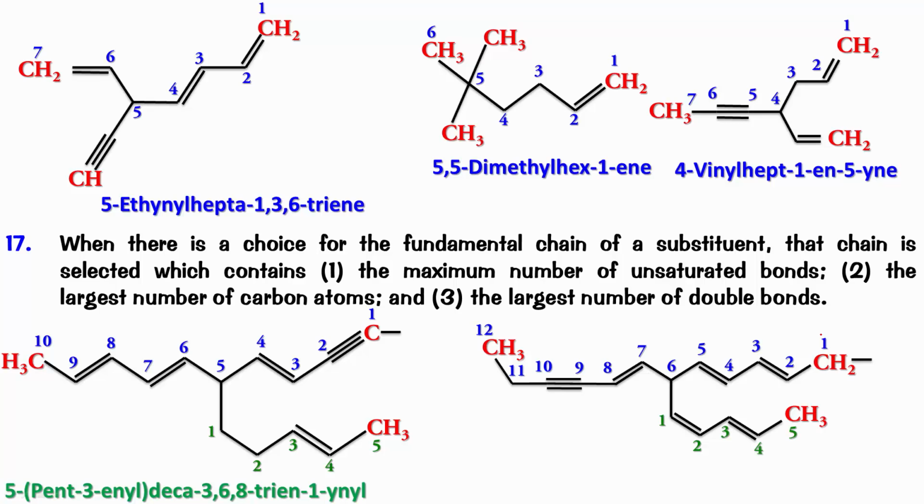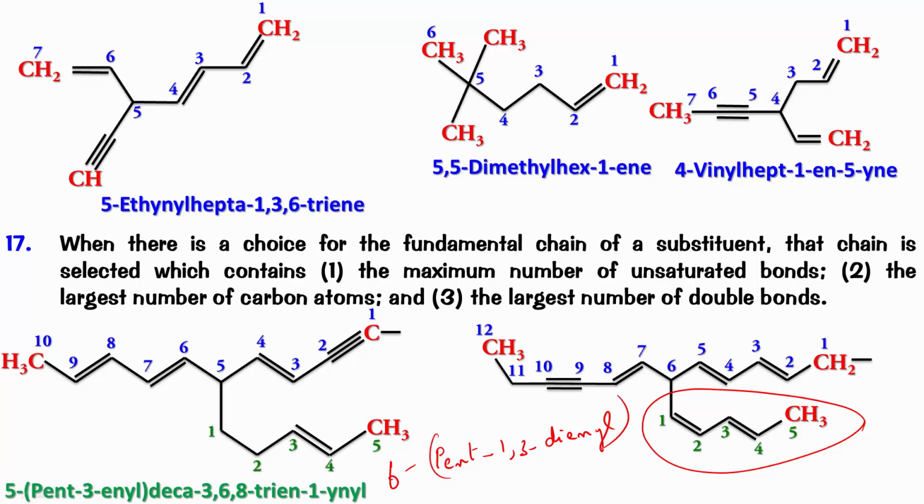Look at how complicated the name is going to be. This branch, how do you name this? It is pent-1,3-dienyl, and this is located at the 6th carbon. So it is going to be 6, and you're going to have all of this in a bracket.